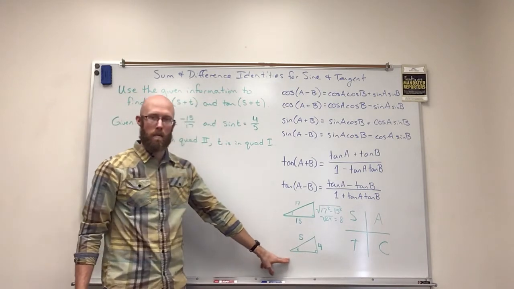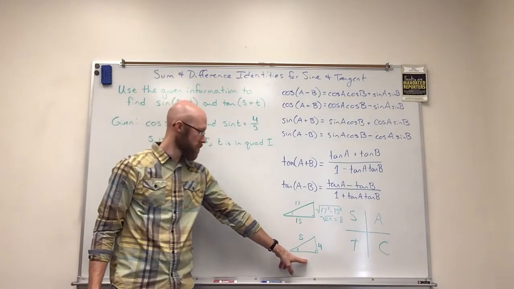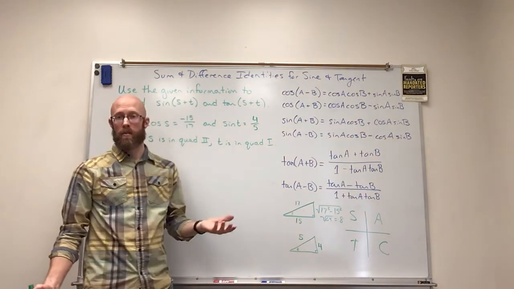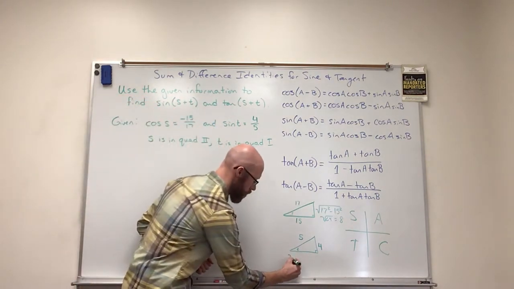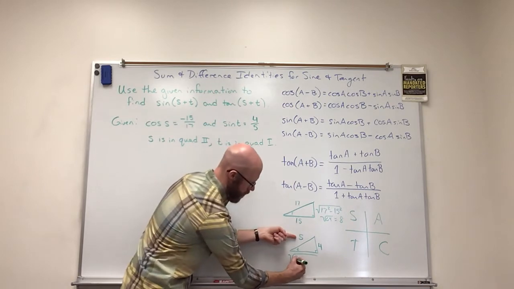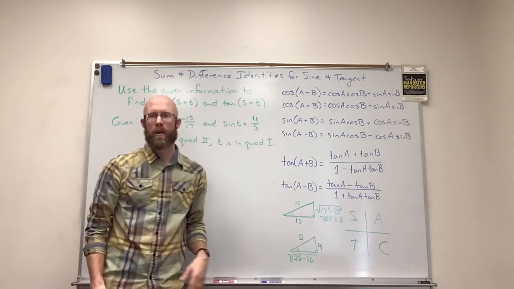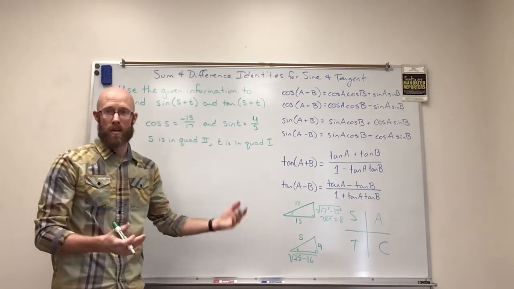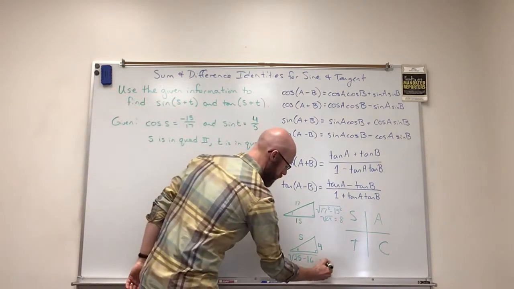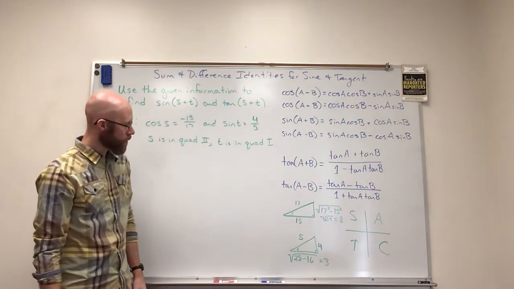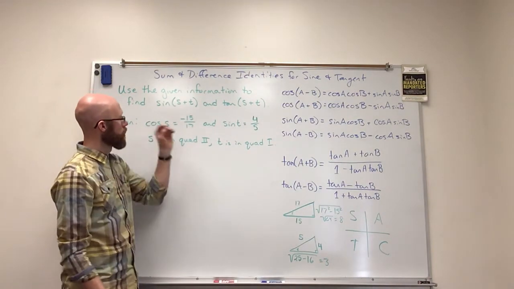Again, the bottom leg would be found using the Pythagorean Theorem. It's going to be the square root of 5 squared minus 4 squared. Well, 25 minus 16 is 9, the square root of 9 is 3. So this would be a 3, 4, 5 triangle with the bottom being 3. Okay, so now I can use that.